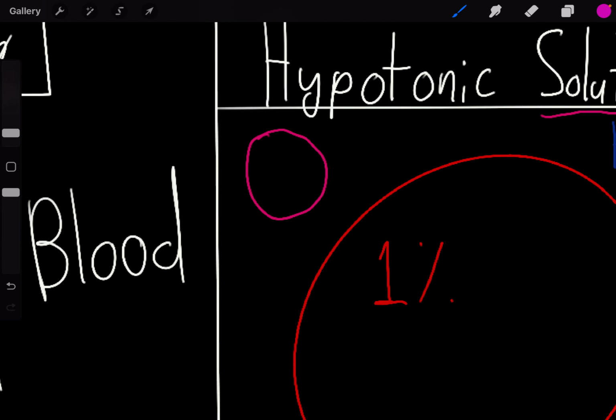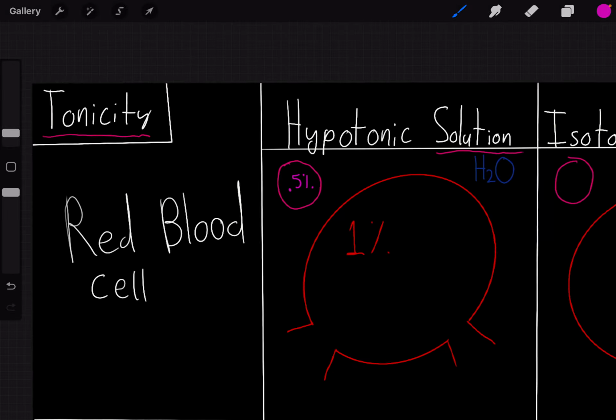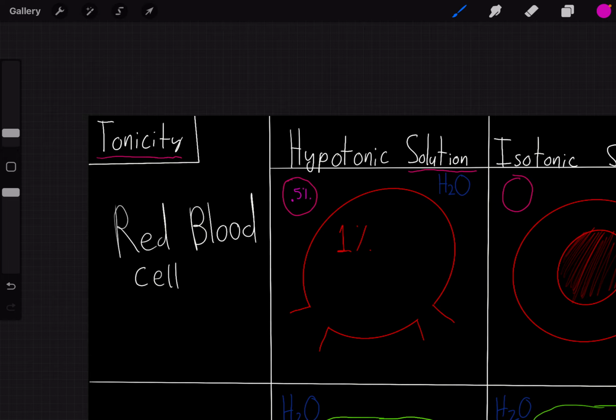For example, the solution might be 0.5% right here.